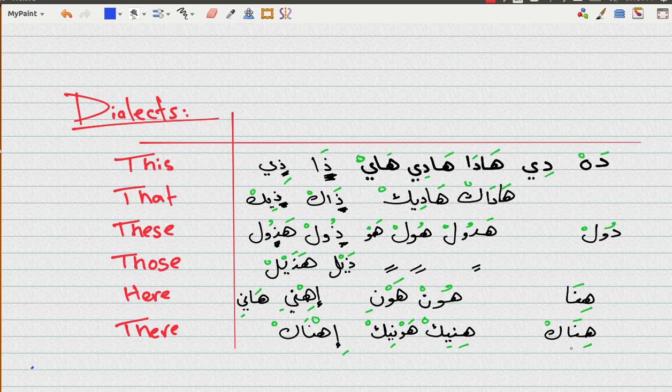If you're gonna point for far, there, I might say هناك, هنيك, هونيك. Okay, so these are all the dialects for the demonstrative pronouns or أسماء الإشارة that I'm aware of. There might be others, but these are the most common ones.